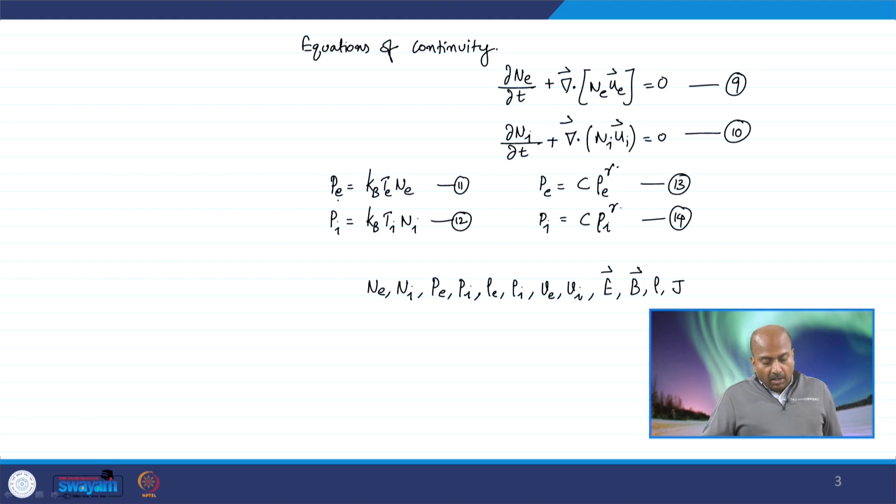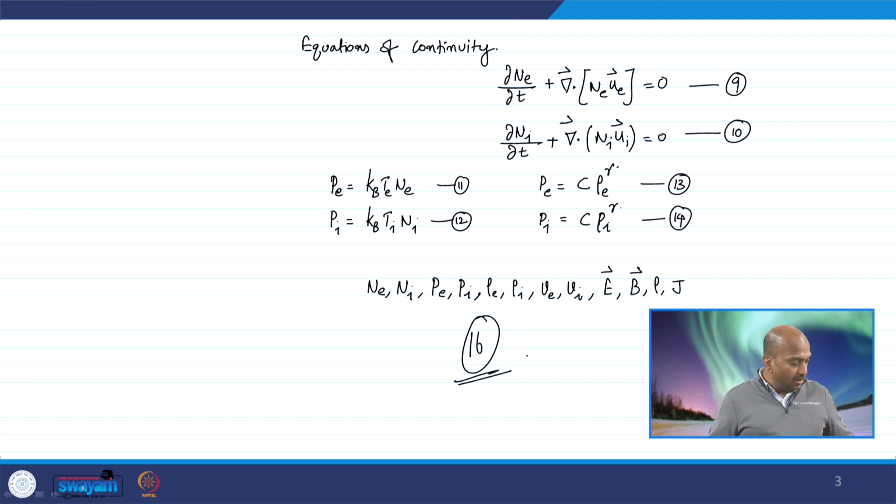So how many equations do we have? You combine the vector equations, include the number of components, then you would get the total number of equations, or the total number of variables that you have in this picture will be 16, including the scalar components.